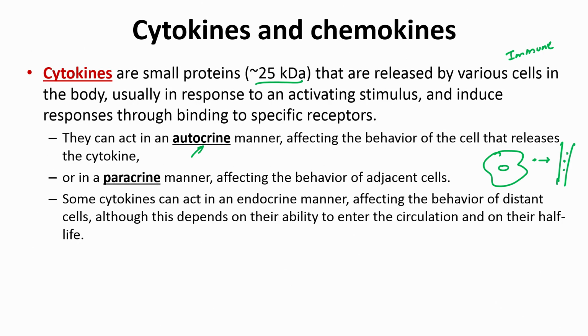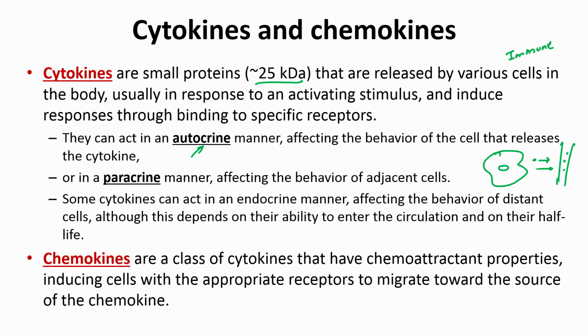However, since this involves some time as well as exposure to lots of different proteins, this will depend on the ability of the cytokine to first enter the circulation, and then how stable it is, what is its half life in the circulation, because if the half life is very low, then it will not be able to go ahead and do activation at a distant organ.